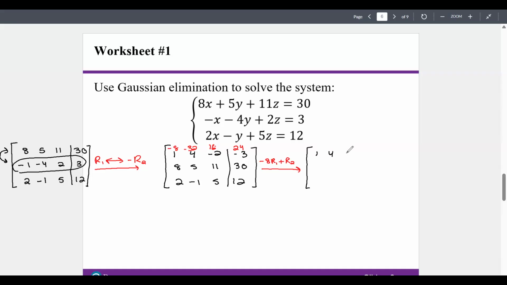So 1, 4, -2, -3. Now -8 plus 8 is 0. -32 plus 5 is -27. 16 plus 11 is going to be +27. And 24 plus 30 is going to be 54. And we have 2, -1, 5, and 12.